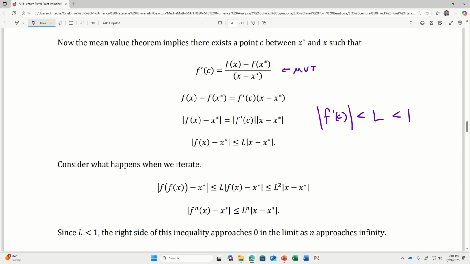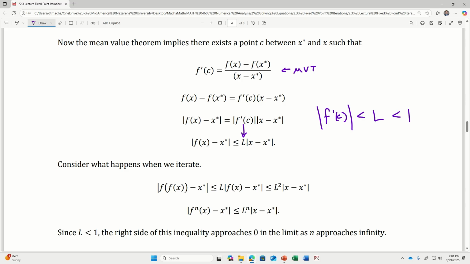It doesn't matter how close that number is to 1. If we're dealing with the real numbers, we can always squeeze in another real number in between. So that's what the capital L is about. And if that's true, if this f prime of c absolute value is less than L, well, then I can swap it out with an L and change this equality to an inequality, since L is larger.